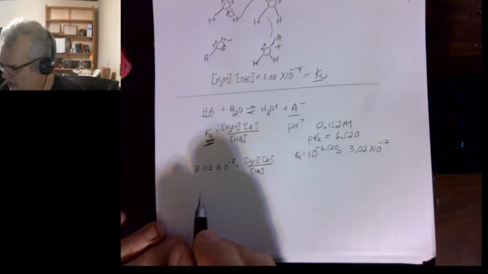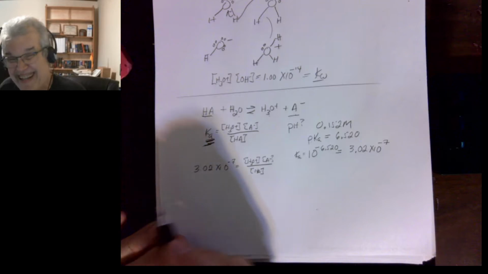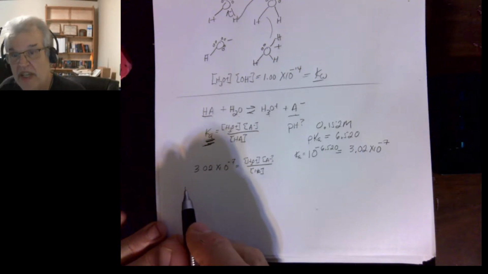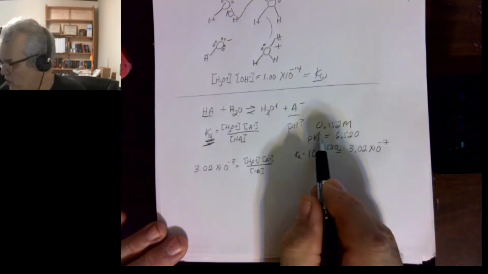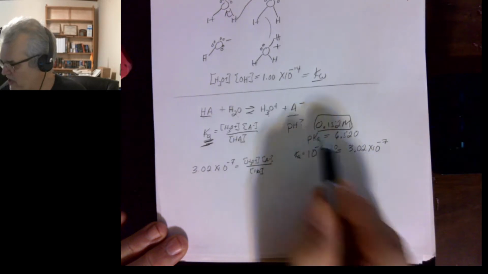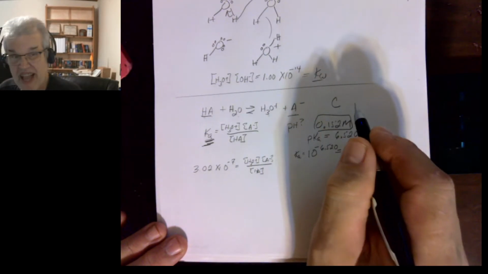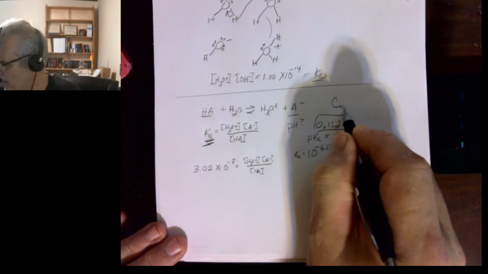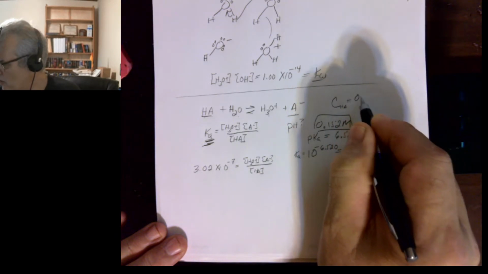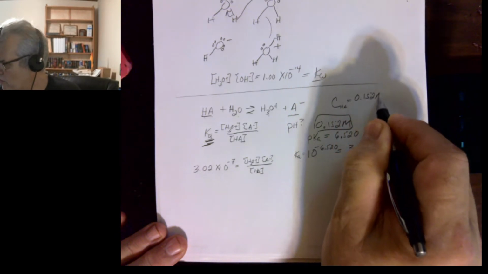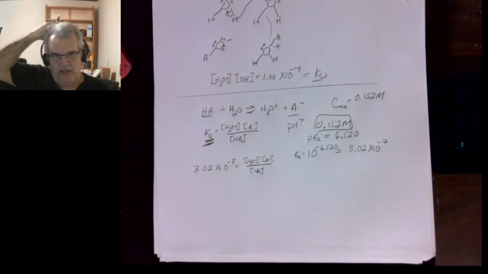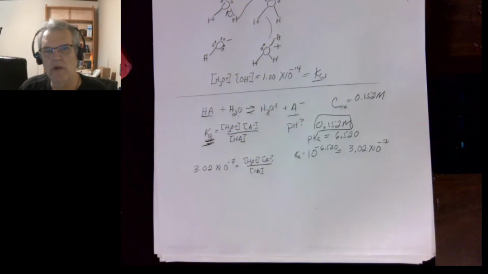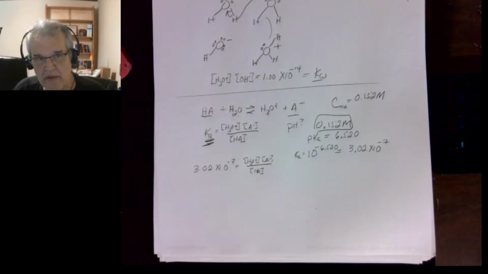No. Think about this. I know that the analytical concentration is 0.152 molar, right? Analytical concentration is usually given as capital C, and for HA that would be 0.152 molar. Analytical concentration says, how many moles of this did I put into 1 liter of water?